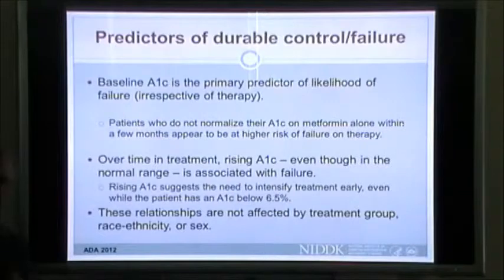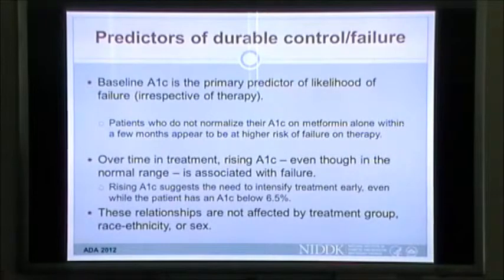If they cannot normalize the A1C, their risk of failure is substantially increased. And over time, a rising A1C, even in the normal range, is associated with failure. So a rising A1C suggests the need to intensify treatment early, even when the patient has an A1C below what has always been considered our target.